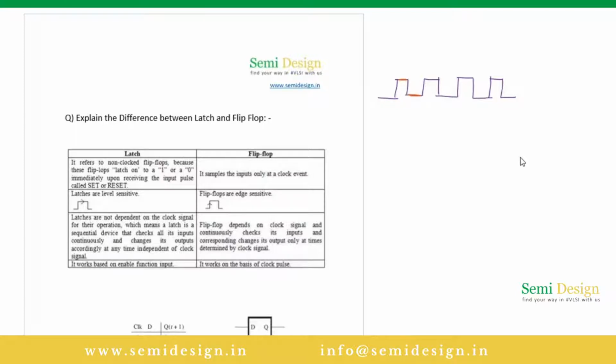Similarly, if you want to take an edge, this is the positive edge and this is the negative edge. Okay, very simple. Just consider these things and you will find this question very simple.